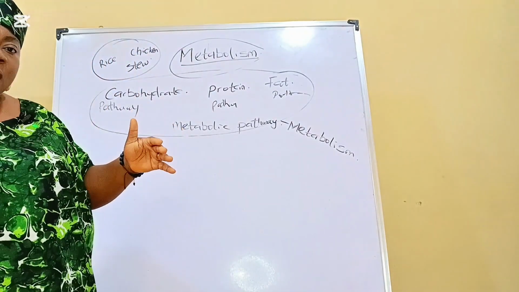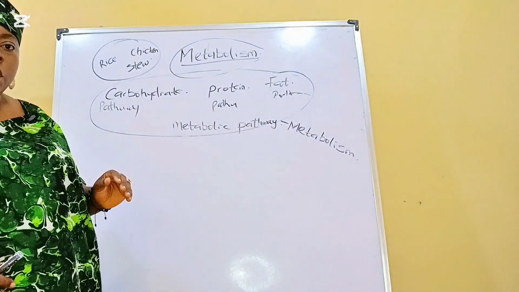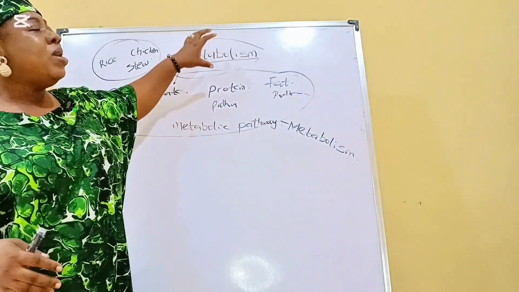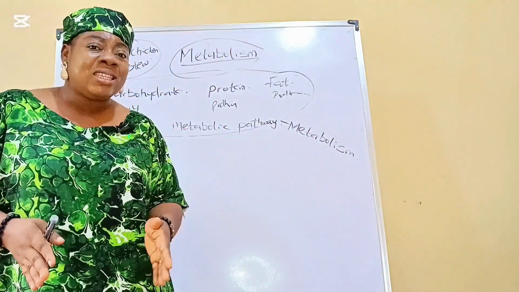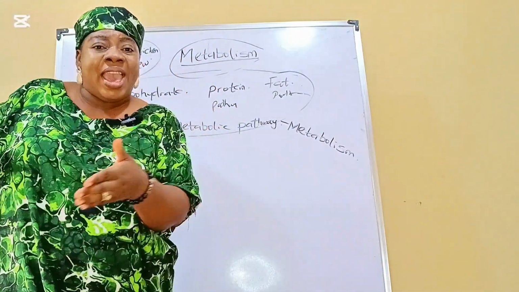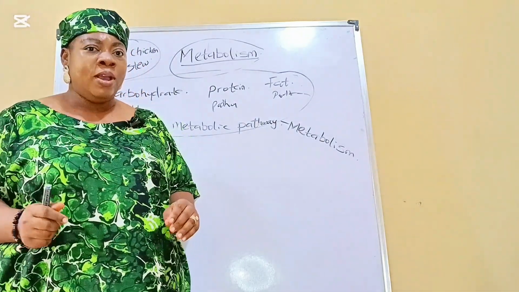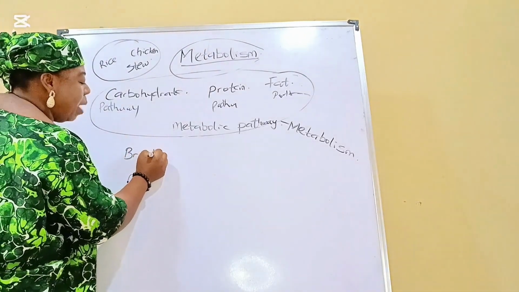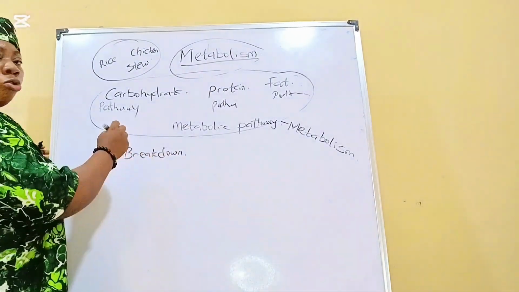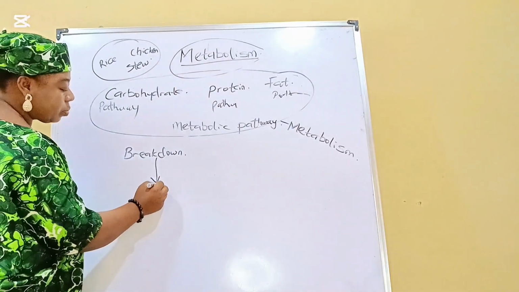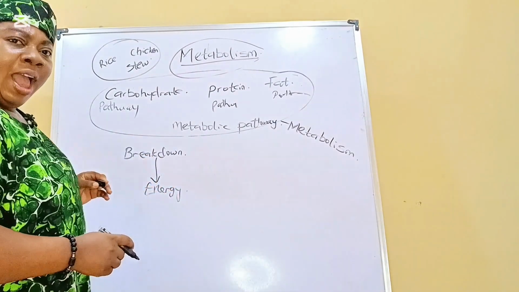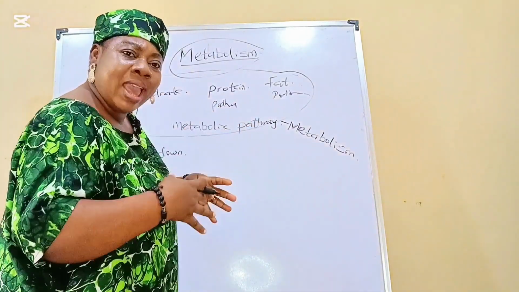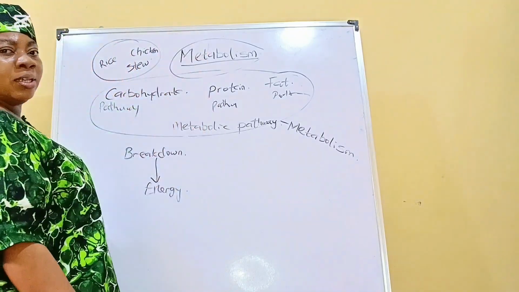Now, let's move further. This metabolism could be of two types. The process by which chemical reactions convert your nutrients to energy could be of two types. It could be that it is helping you to break down the nutrients to give you energy, or it could be helping you to assemble things together to give you another product.